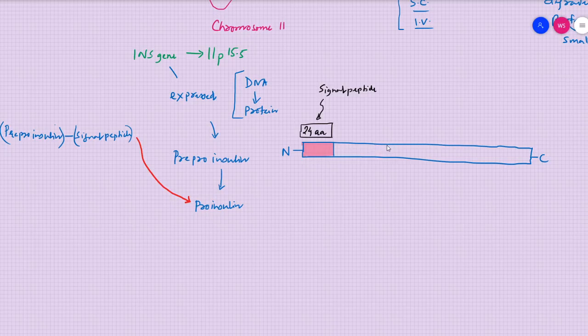We will have the B chain, depicted by another color. This part is the B chain. How many amino acids? 30 amino acids make up the B chain.